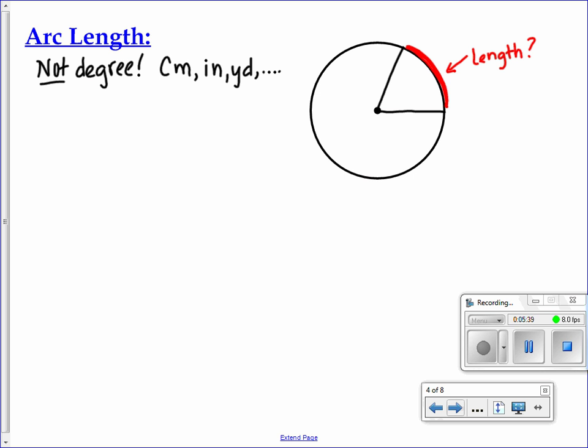So arc length, I'm just going to abbreviate it, AL, equals fraction of a circle's circumference.